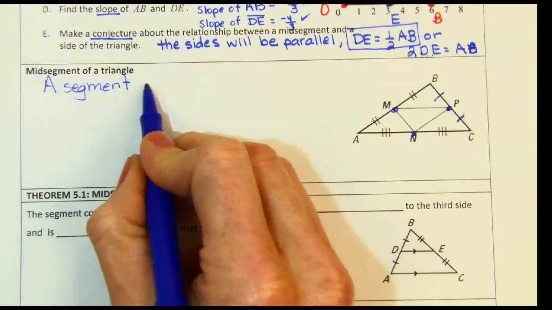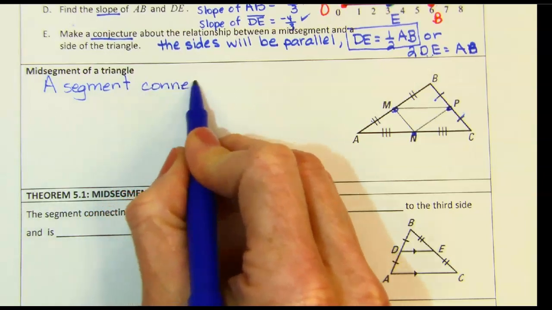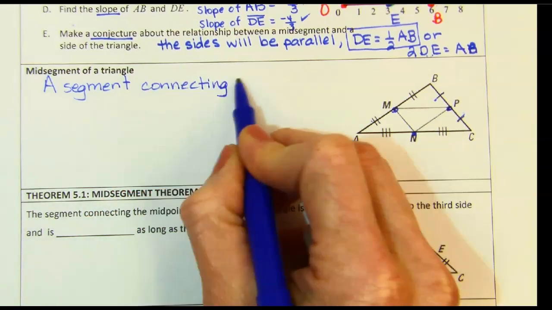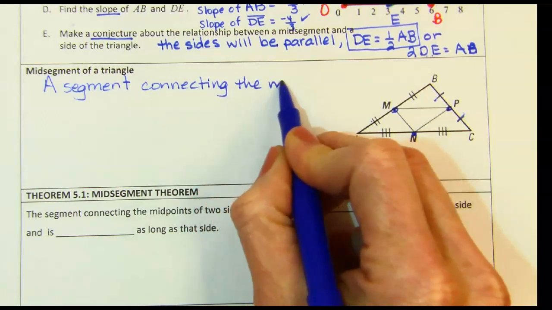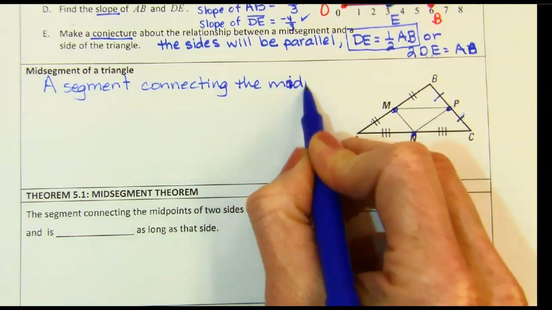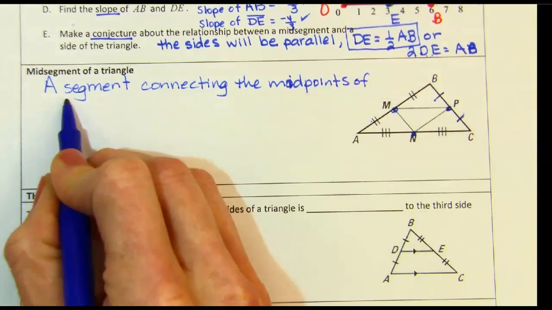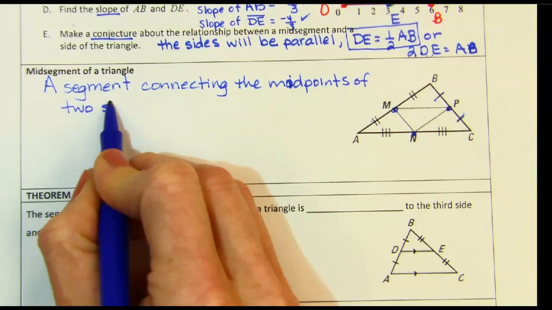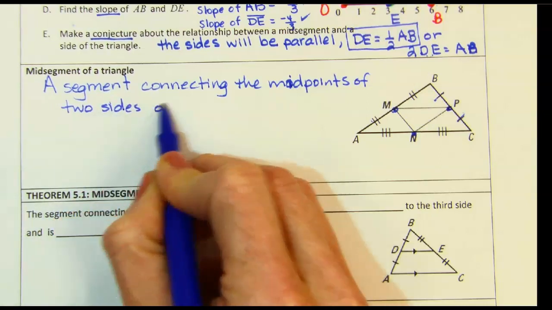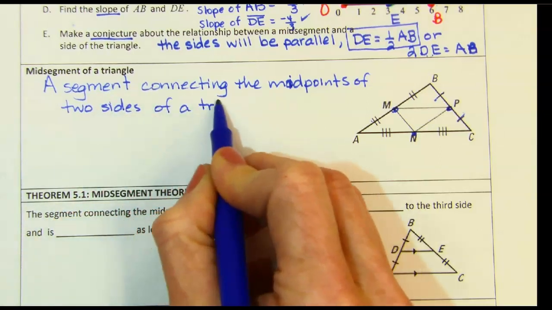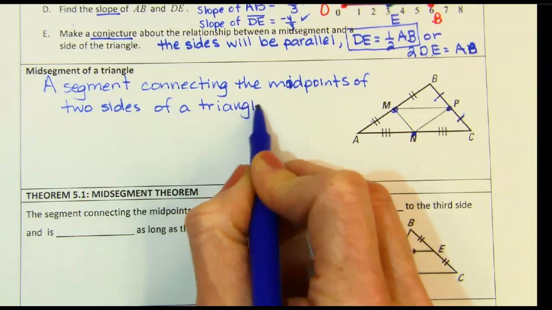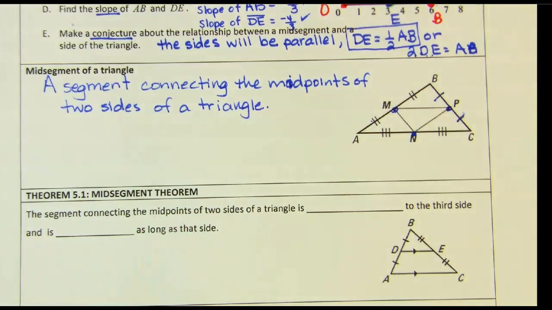It is a segment connecting the midpoints of two sides of a triangle. So again, it is a segment connecting the midpoints of two sides of a triangle.